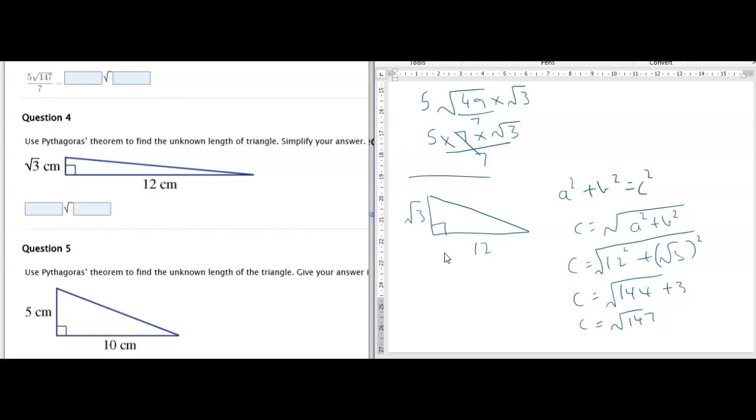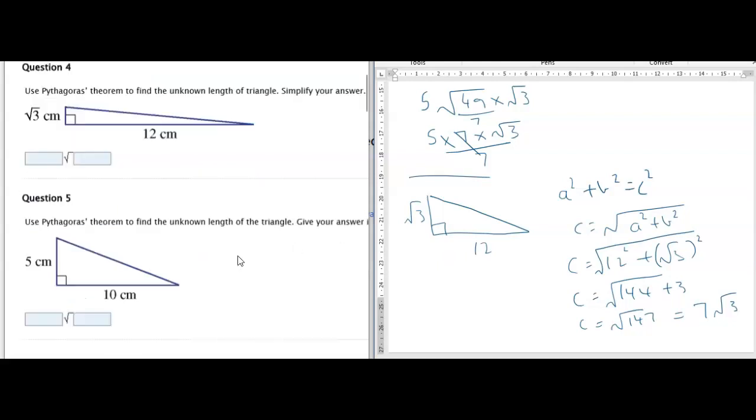We have to put it in its simplified form, and we did the square root of 147 before, so we know that is 7 root 3. Remember, the square root of 49 times root 3 becomes 7 root 3. So that's where the 7 root 3 comes from.